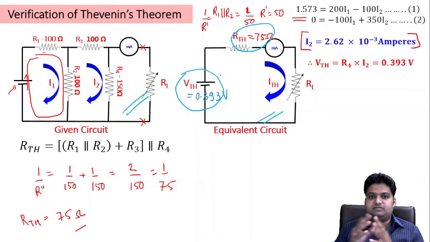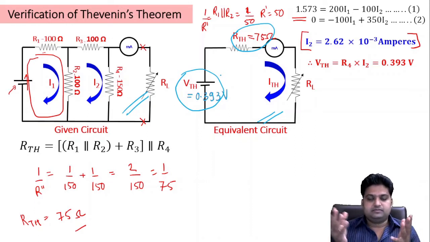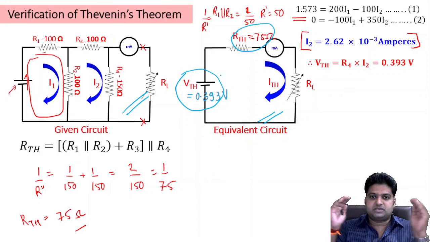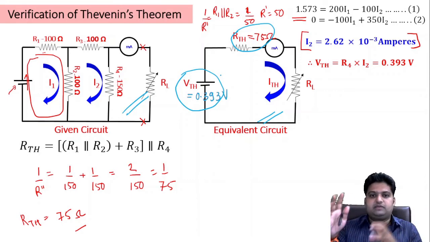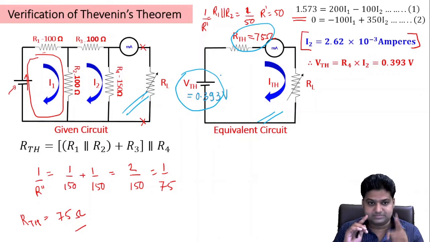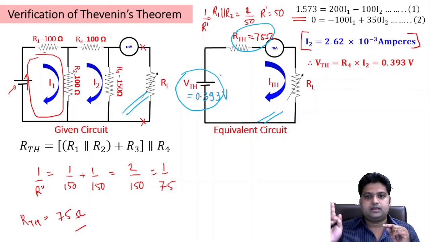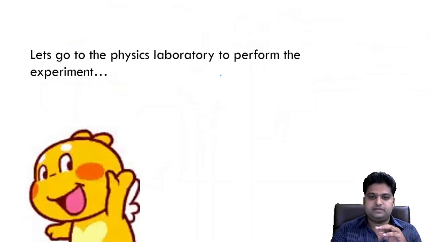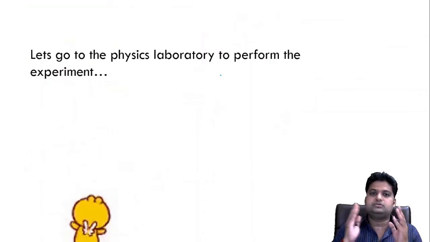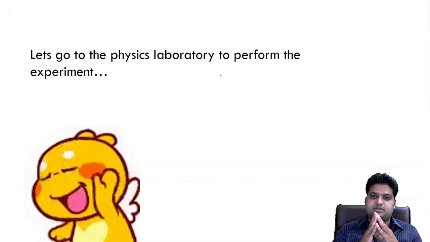If Thevenin's theorem is correct, then it's a big advantage that you can crunch big circuits into small ones by just finding the equivalent voltages and resistances. So we now know that for this particular circuit, VTH should be 0.393 and RTH should be 75 ohms.